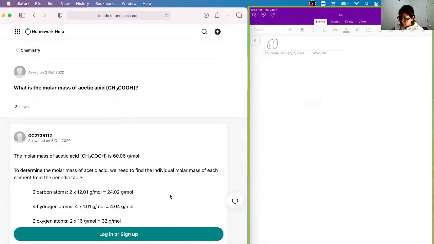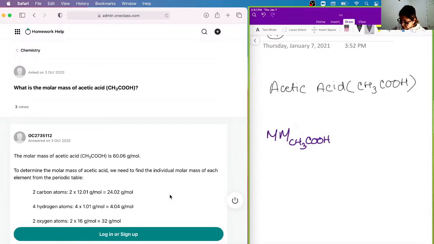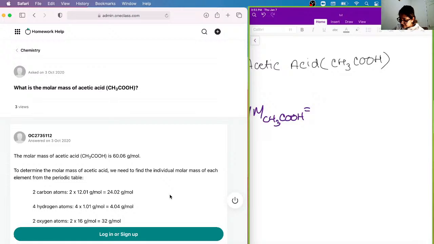Acetic acid has a chemical formula, which is given, of CH3COOH. And so now let's find the molar mass of acetic acid, CH3COOH. Let's first break this down into its individual elements.